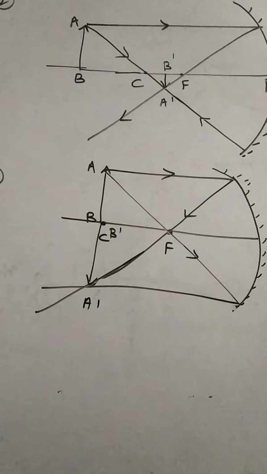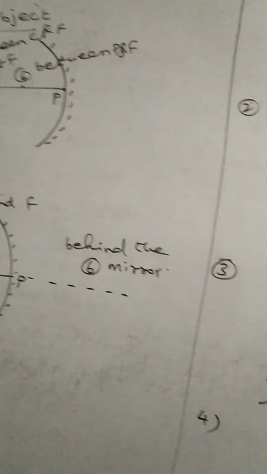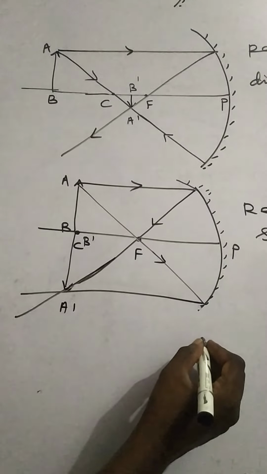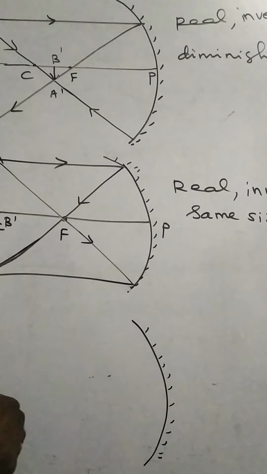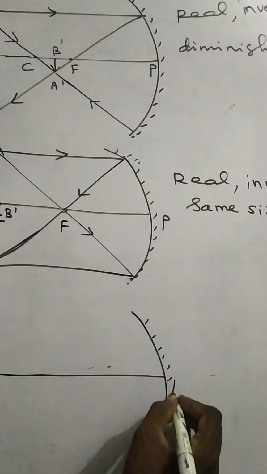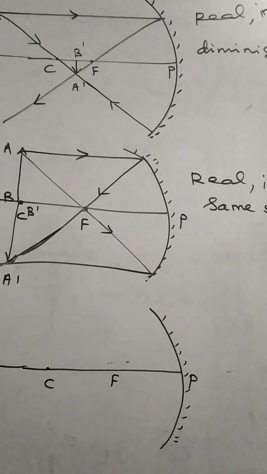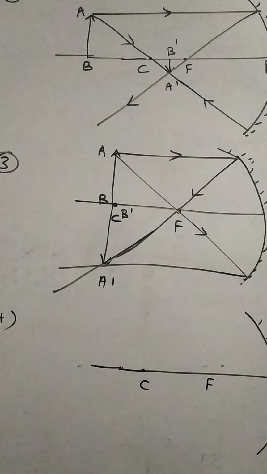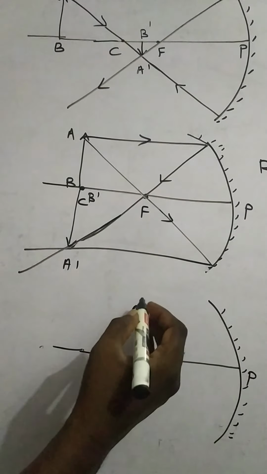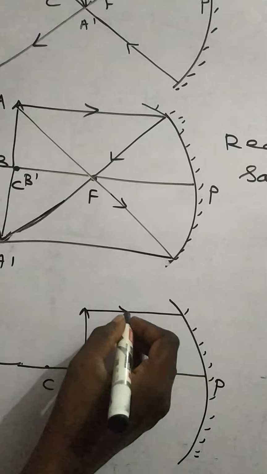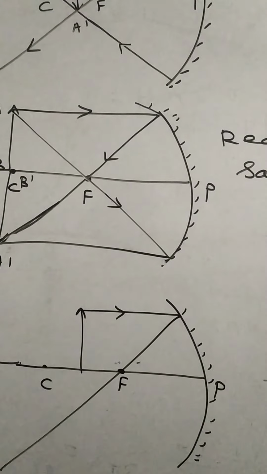Then the fourth one, the object is located between C and F, and the image is obtained beyond C. A ray passing parallel to the principal axis, after the reflection, passes through the focus.